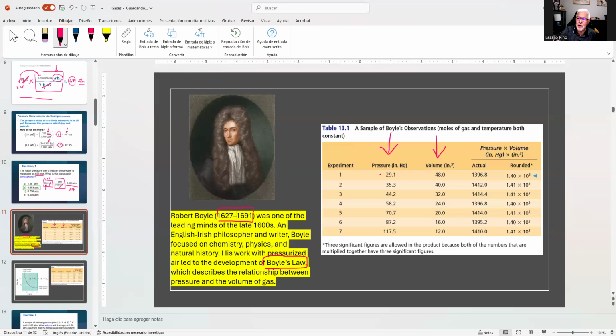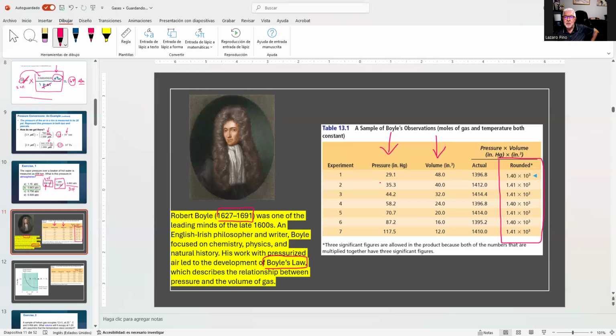And he observed that the relationship between pressure and volume was constant. If you multiply this number by this number, you get this. Rounding, you can see that it is constant.